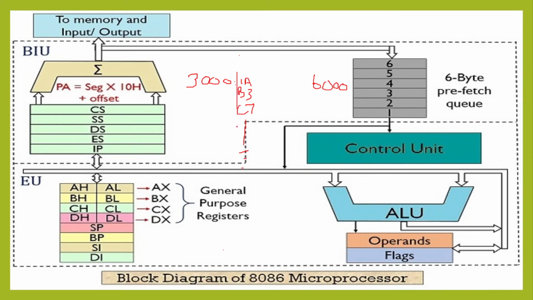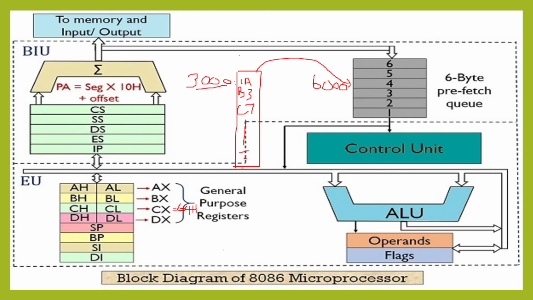So I want to copy these 100 bytes from the 3000 memory location to the 6000 memory location. That is my task. How many bytes do I want to copy? 100 bytes. At that time the CX is to be loaded with 100, which in hexadecimal is 64, because the count register will hold the number of repeated functions here.